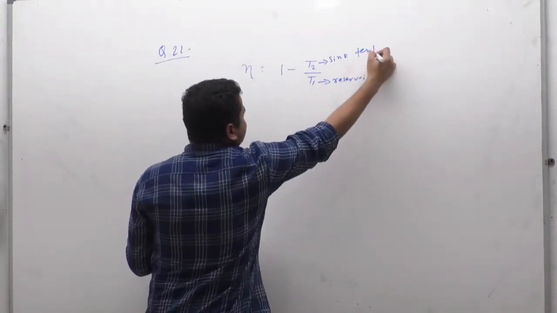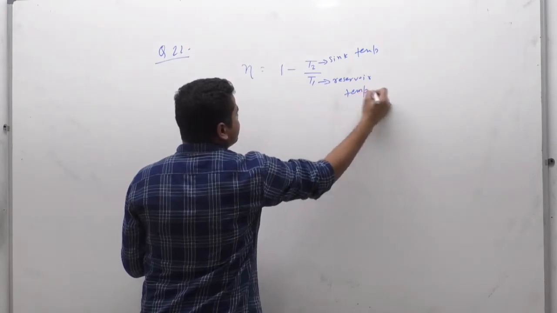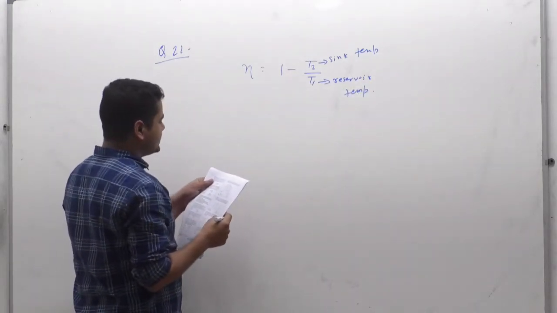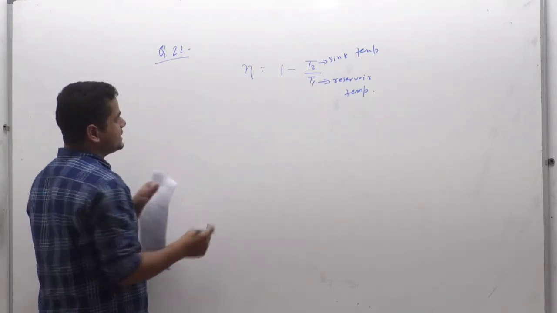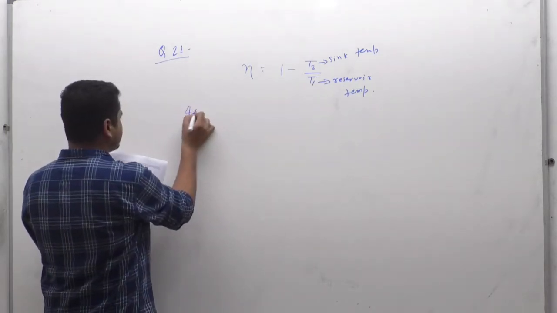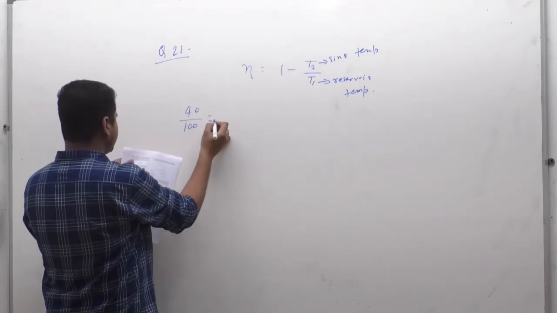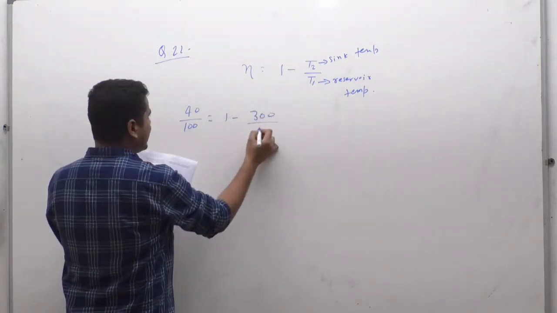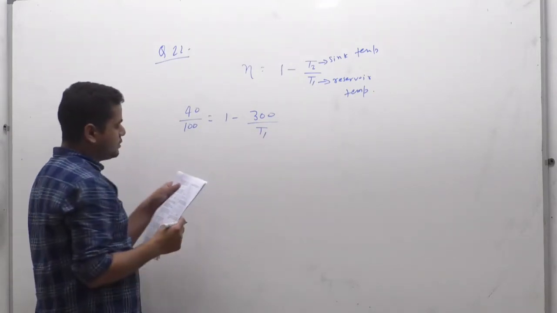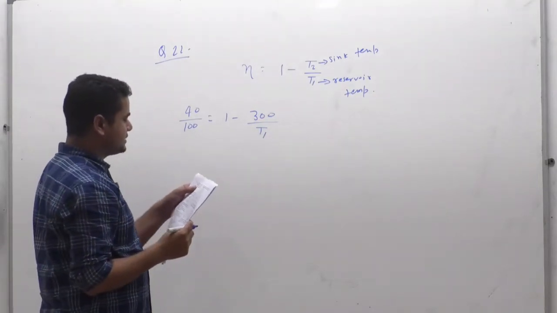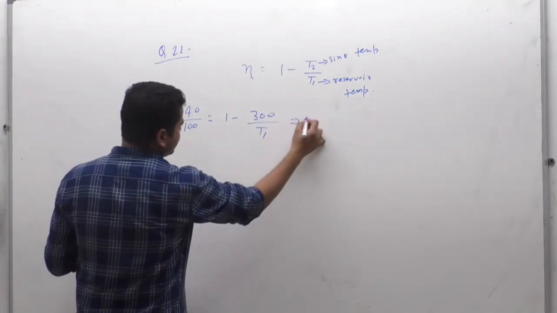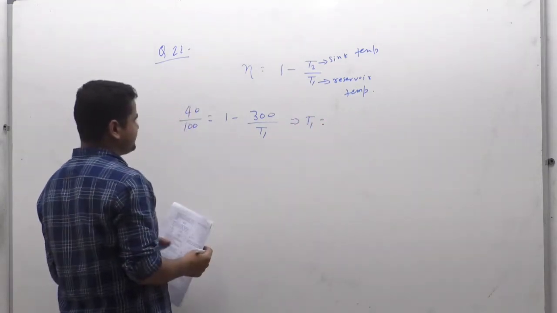So for this question, this is 40 upon 100 efficiency, 1 minus sink temperature 300 upon temperature T1. For increasing the efficiency to 60%, okay, now they have increased it.